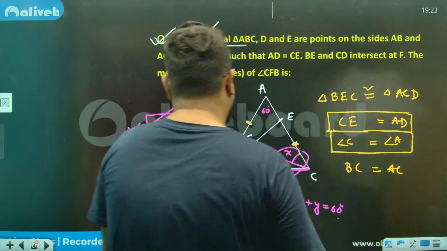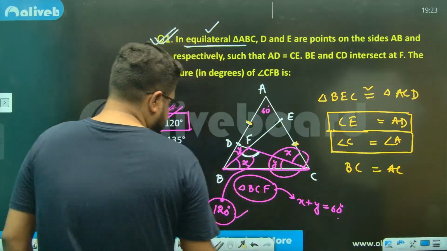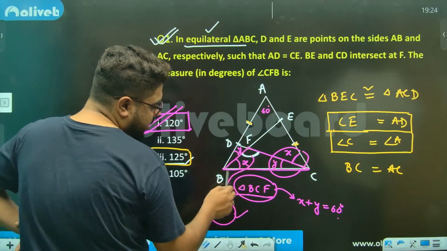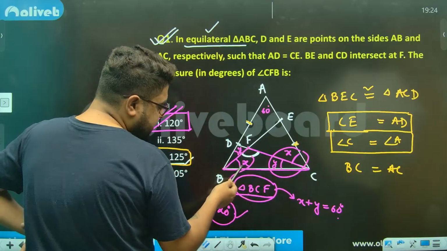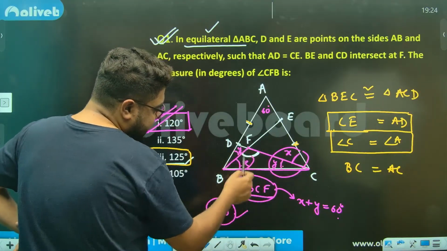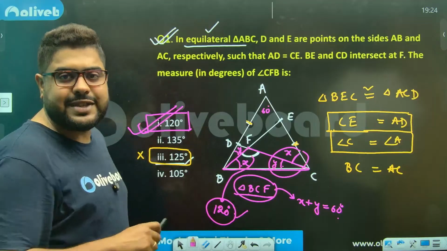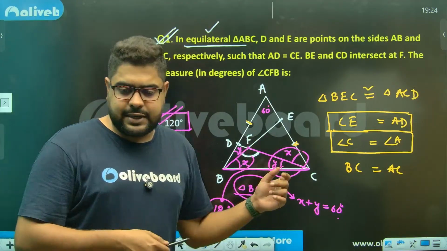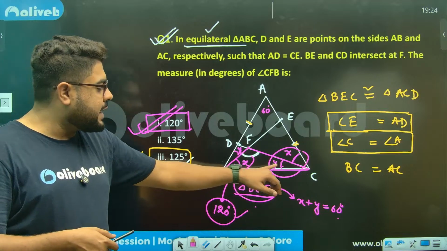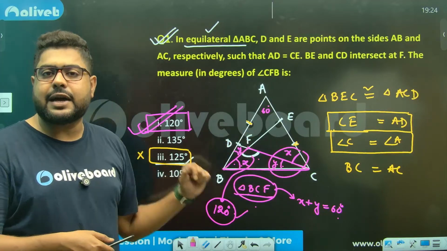Yeah, once again, sure. You see, the last x and y step. Take this smaller triangle BCF. This angle is x, this angle is y, and x plus y comes out to be 60. In this triangle, one angle is x, one angle is y, and the other angle is what they are asking.